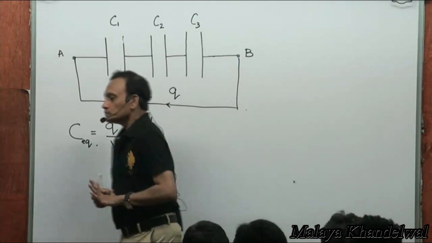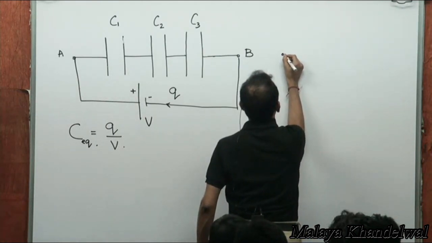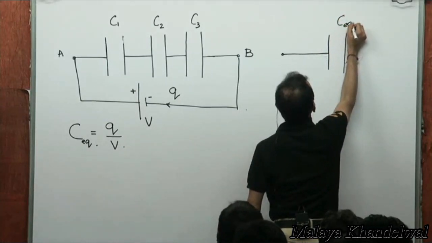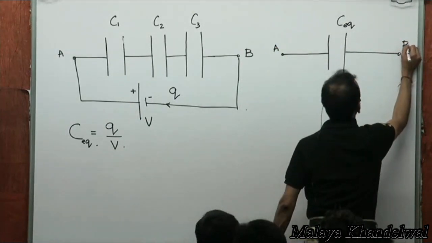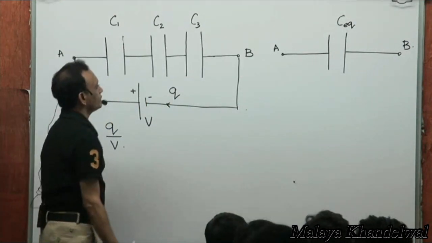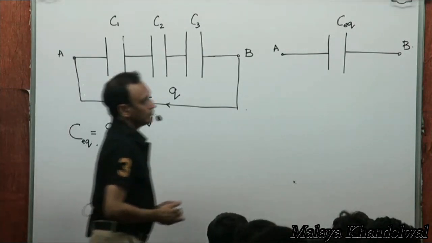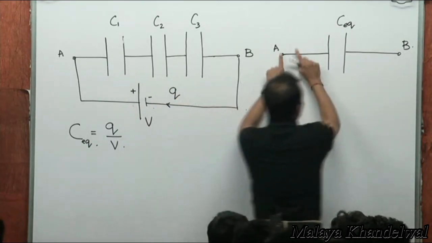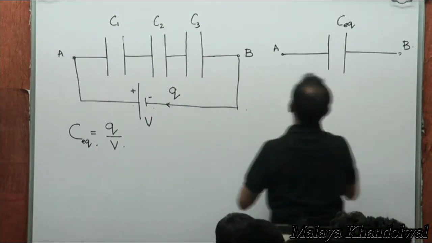Now, essentially what it means is, if this is the equivalent capacitance between points A and B, then for a battery of EMF V connected across this and a battery of EMF V connected across this, the same charge will flow through the battery.